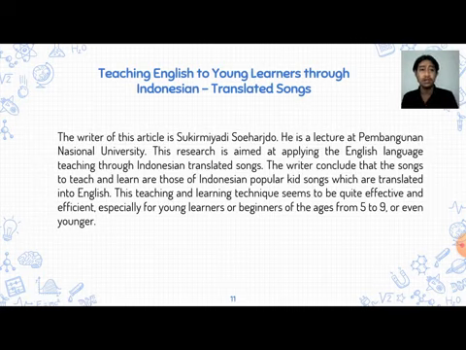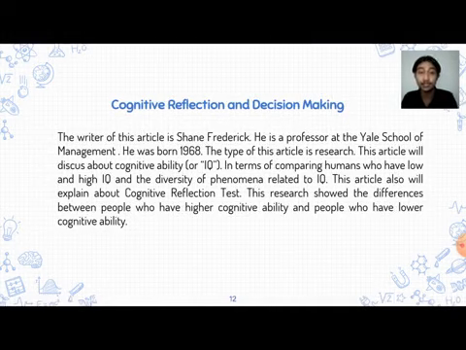Next is "Cognitive Reflection and Decision Making." This article was written by Shane Frederick. He is a professor at Yale School of Management. He was born in 1968. The type of this article is research.